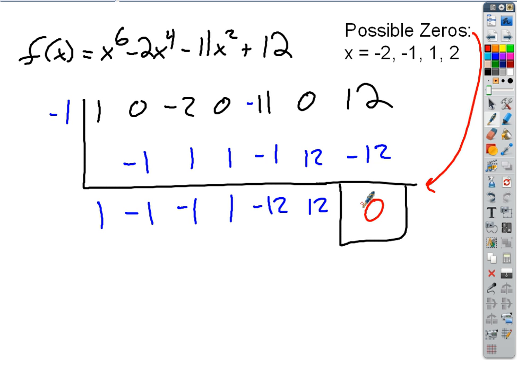Now remember, when we think about this as division instead of just substitution, these numbers out here are actually every bit as important, if not more important, than what's in the remainder box. Remember what that told us? That told us that this was our constant.